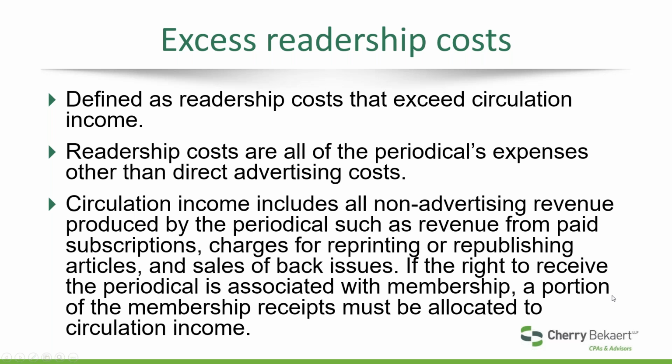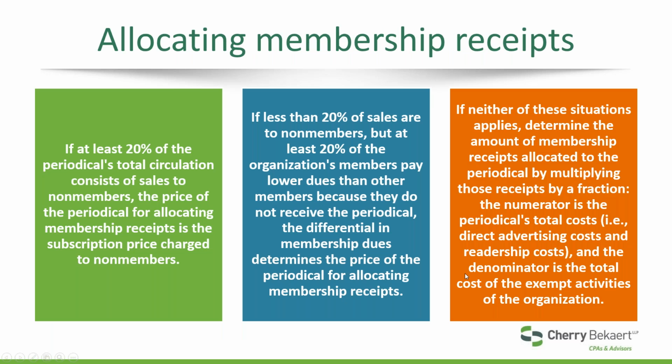that advertising income. So if the organization has those membership receipts that they need to allocate, there are three methods by which they can do that. First, if at least 20% of the periodical's total circulation is sales to non-members, then you would use the price that you charge those non-members, essentially whatever that price is times how many periodicals are distributed.